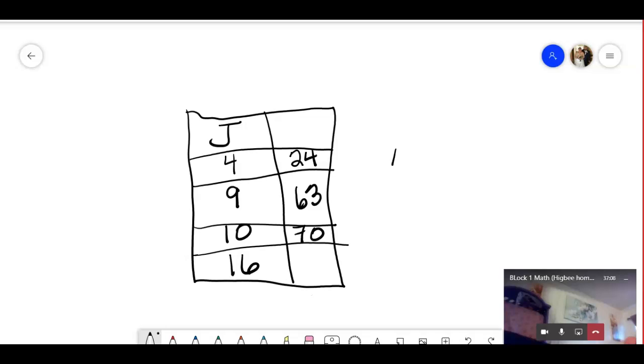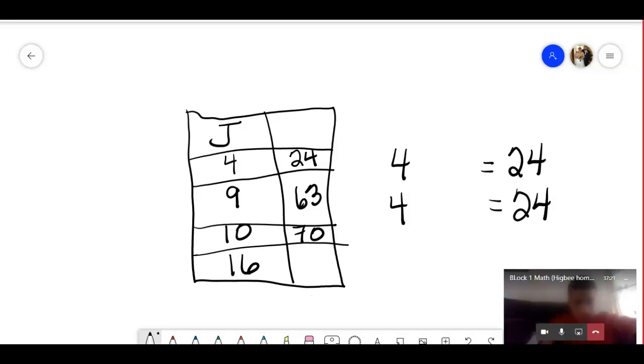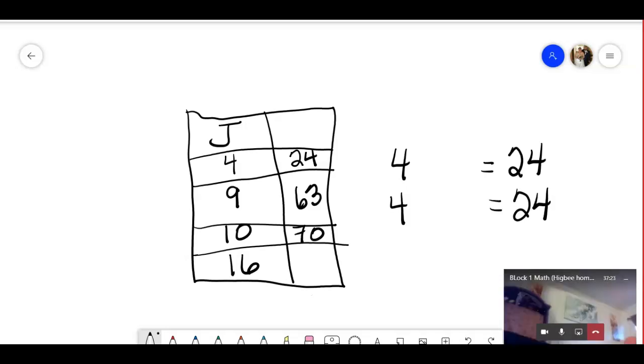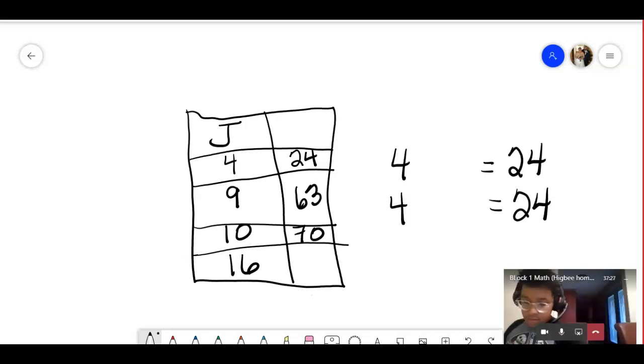All right, so I'm going from 4 to 24. So am I increasing or decreasing? Going up or going down? Up, thank you. So I'm either adding or multiplying.